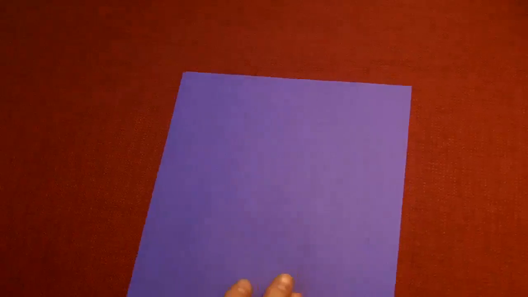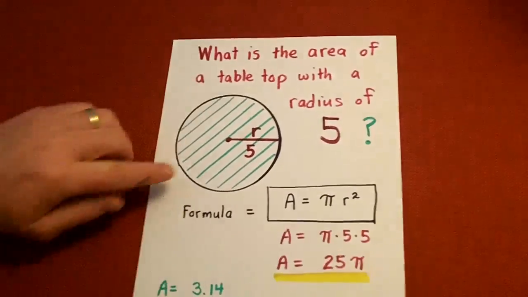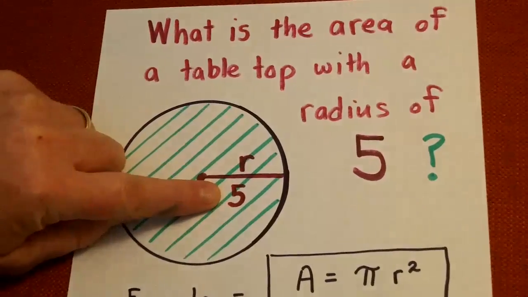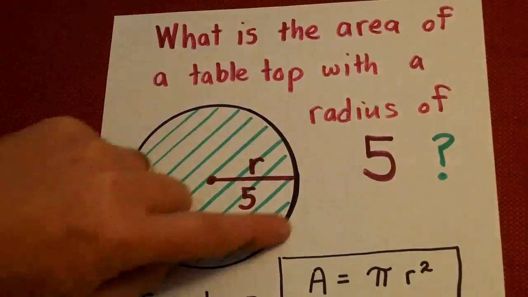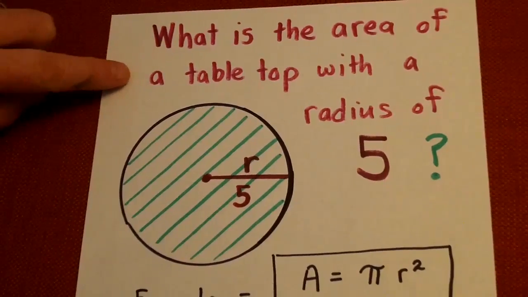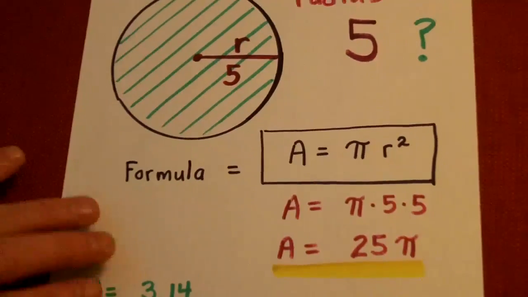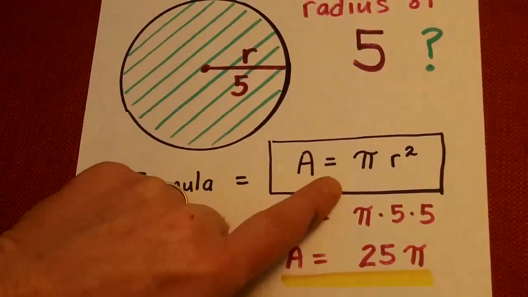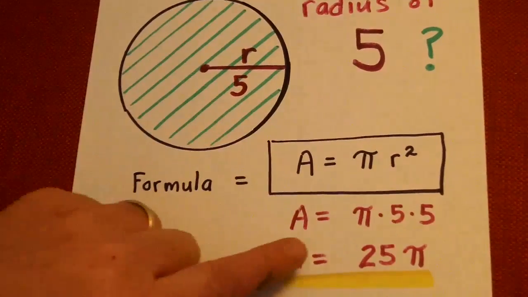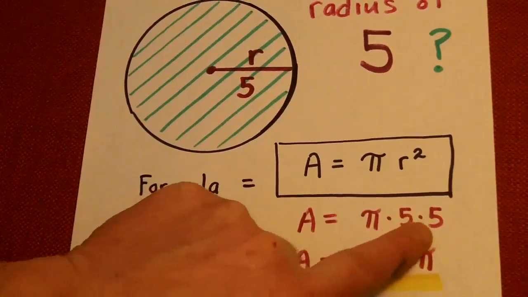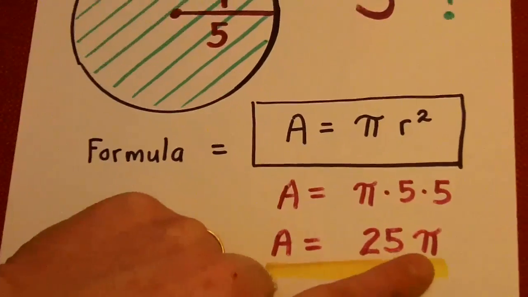Now let's go to 3 other examples. Here we have a radius of 5 with, let's say, a tabletop. What is the area of a tabletop with a radius of 5? Well, the formula is area equals pi r squared. Pi times 5 squared, area equals 25 pi.